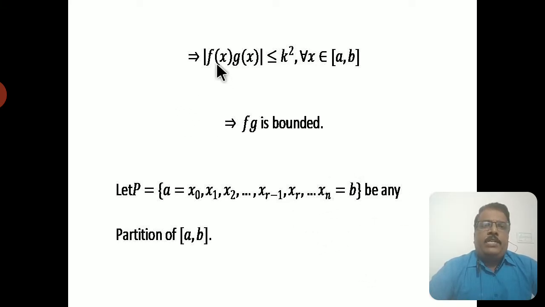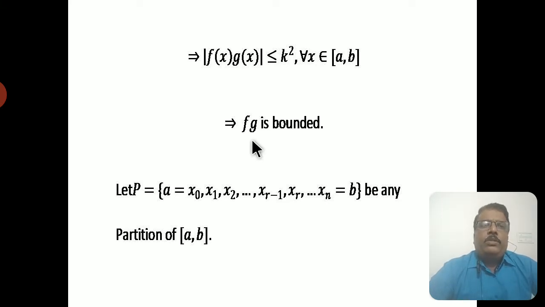Then |f(x)g(x)| is less than or equal to k into k, that is k squared, for all x belonging to [a, b]. Now k squared is again a constant, because k is a constant. Therefore the absolute value of f(x)g(x) is less than or equal to a constant. So this means f into g is bounded.